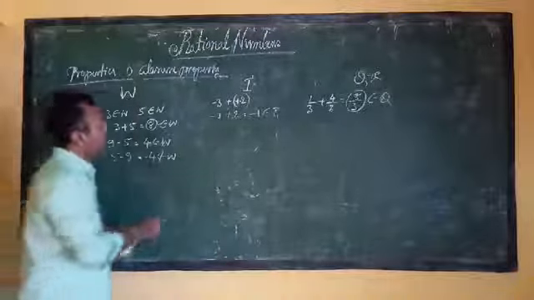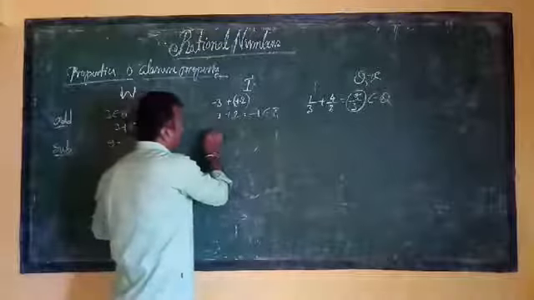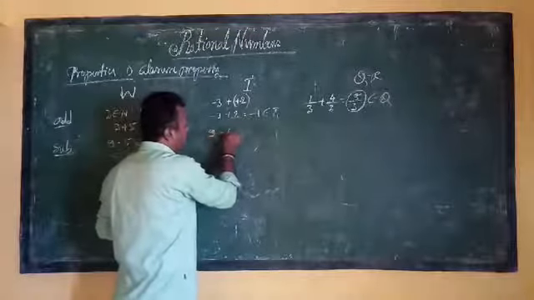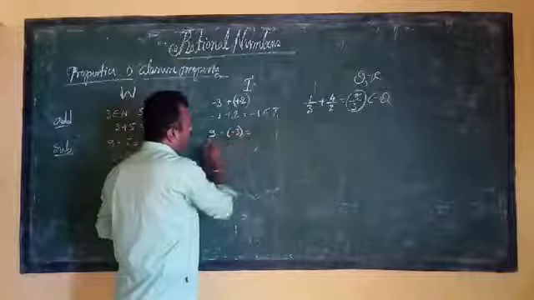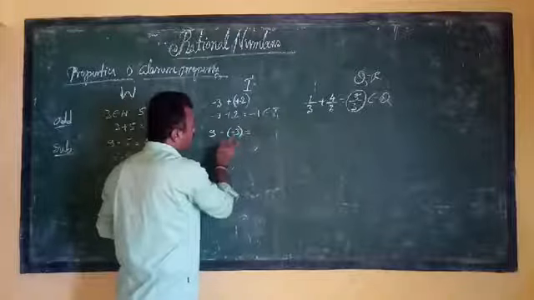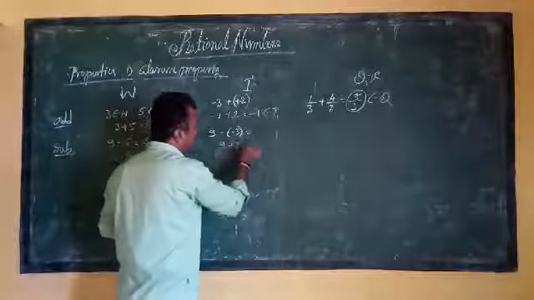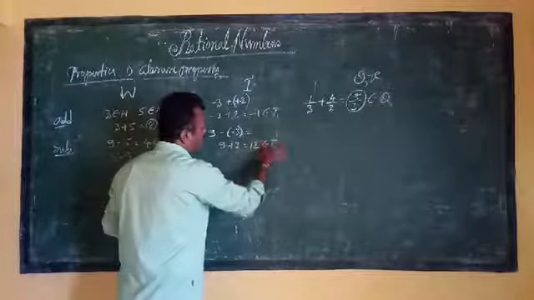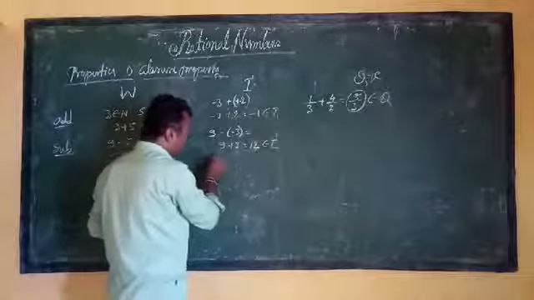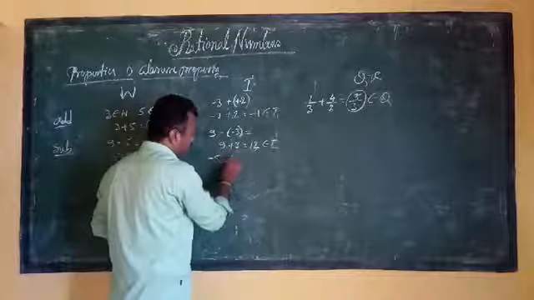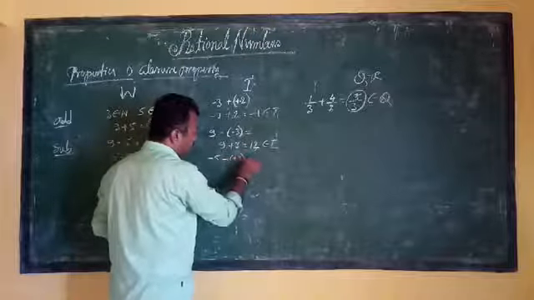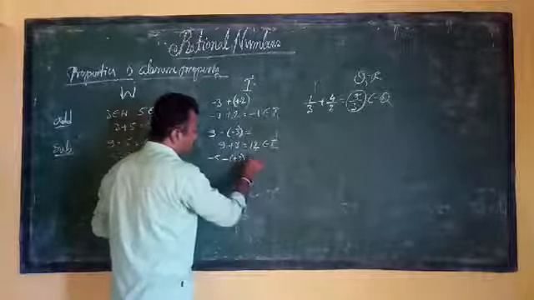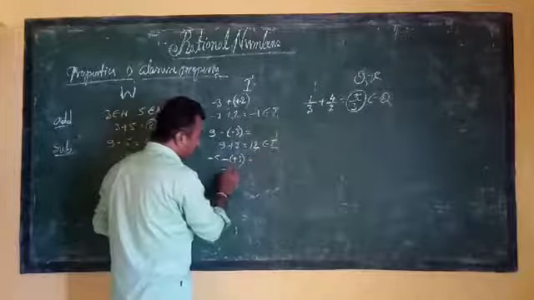Then integers I will take. So 9 minus minus 3, what does it become? Minus into minus is plus. 9 plus 3 becomes 12. So 12 belongs to the integers. Or minus 5 minus plus 3. See students, minus 5, so minus into plus is minus 3.